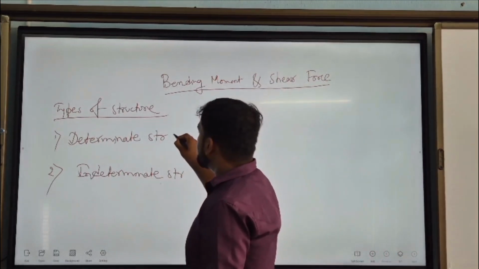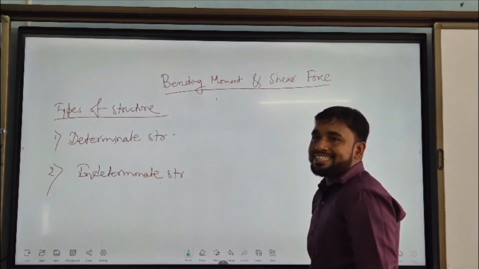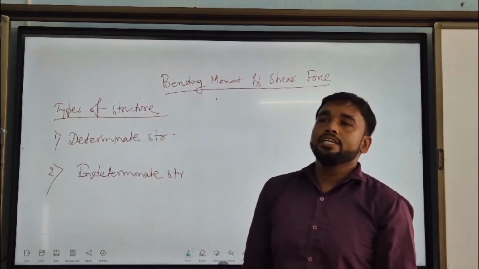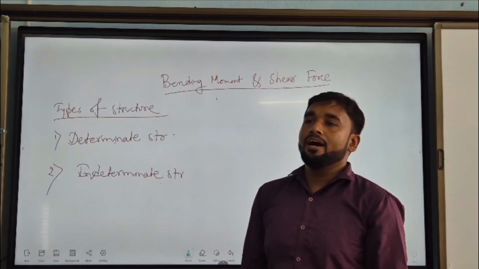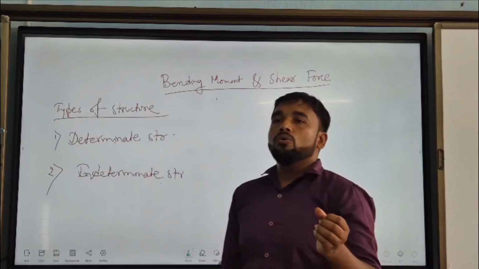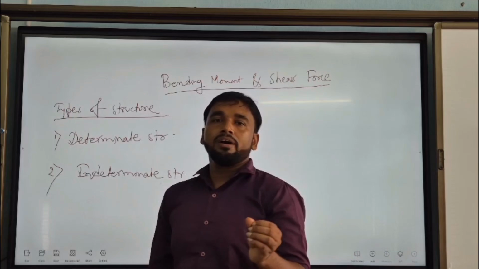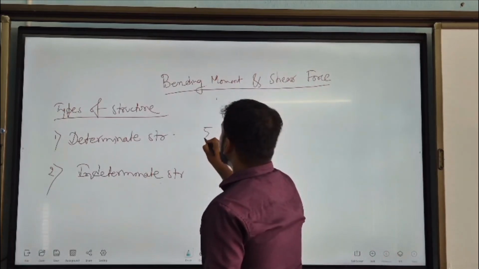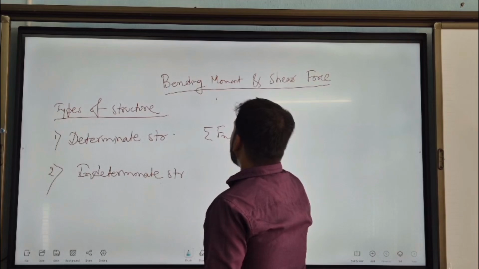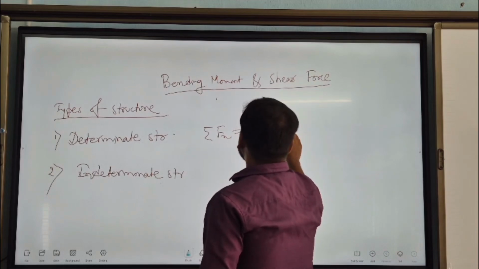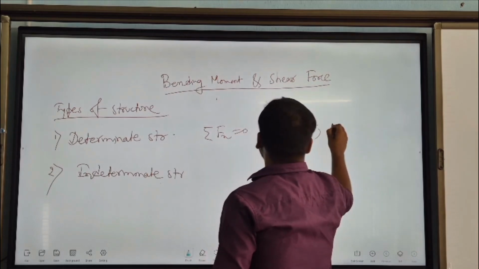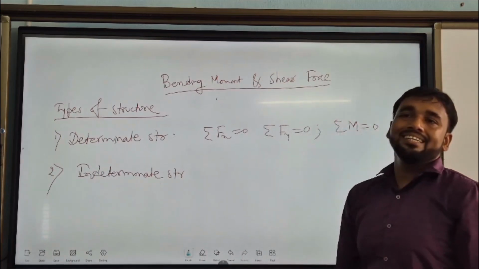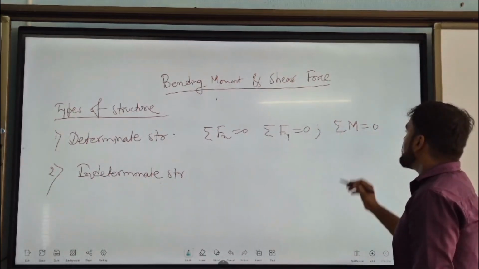Exactly. The determinate structure is one which can be solved by using the basic equations of static equilibrium. That means the structure which can be solved by using summation of Fx is equal to 0, summation of Fy is equal to 0, and summation of moment about any point in the structure is equal to 0.